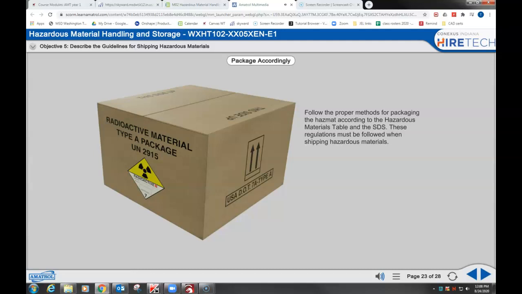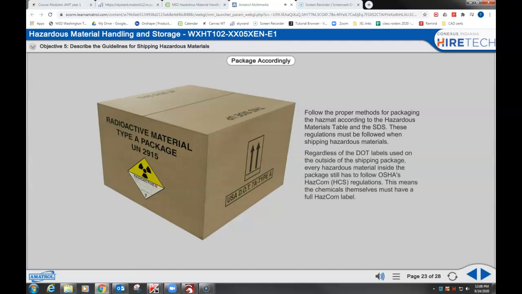These regulations must be followed when shipping hazardous materials. Regardless of the DOT labels used on the outside of the shipping package, every hazardous material inside the package still has to follow OSHA's HazCom or HCS regulations. This means the chemicals themselves must have a full HazCom label.